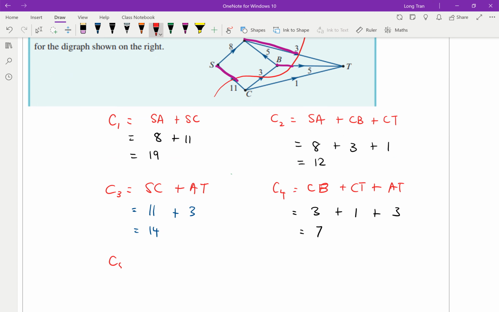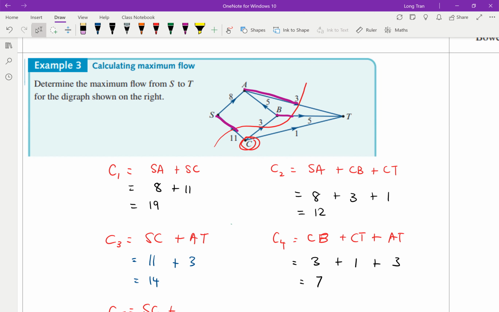So cut 5, I can include S to C plus, I can't do C to B this time because C is in the other region. Think of it like you're splitting it up into 2 sections. You've got this top half and you've got this bottom half. So even though the arrow is correct, the vertex is in the wrong position.